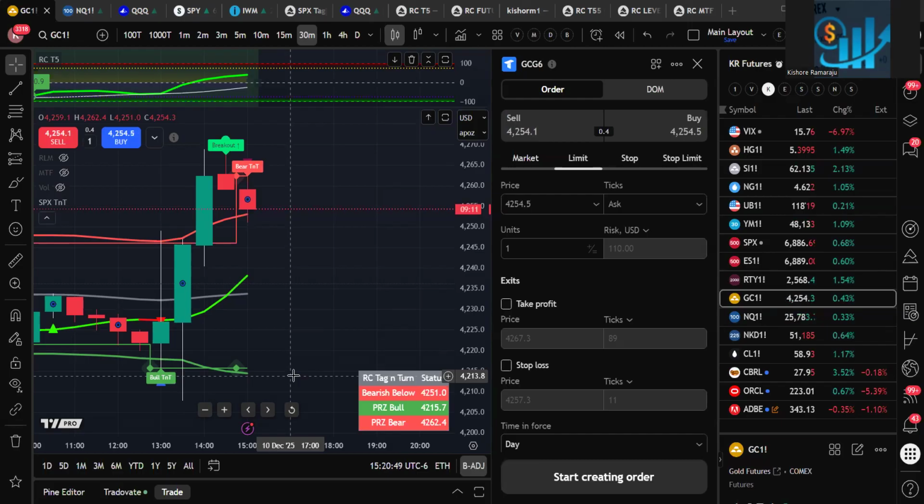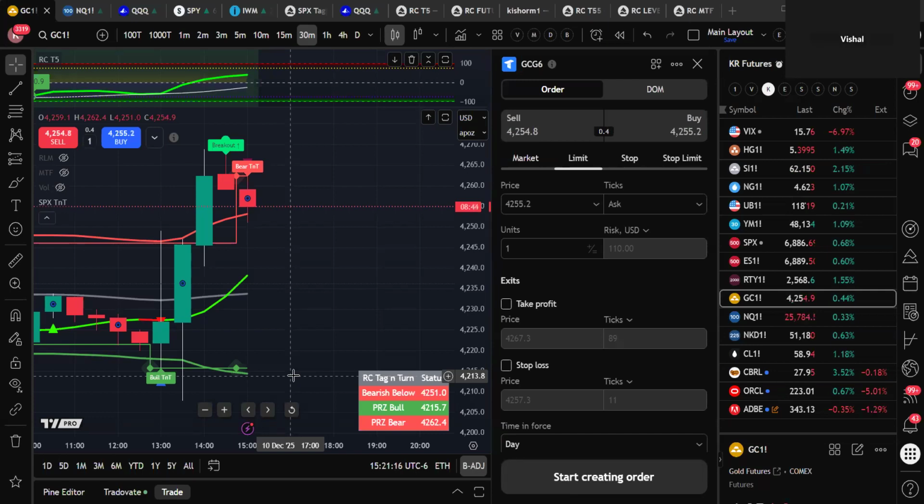But if your account is only 10-15,000, be careful, because ES is around $7,000, so 7 plus 7 is 14. If your account is only 10,000 and you shorted but it is going up, they can automatically close it.